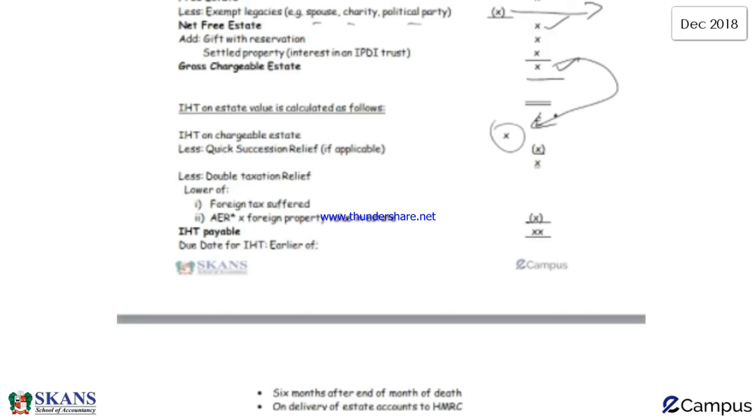Next thing would be to consider if any of the following reliefs are applicable to be deducted from the IHT: quick succession relief and double taxation relief.